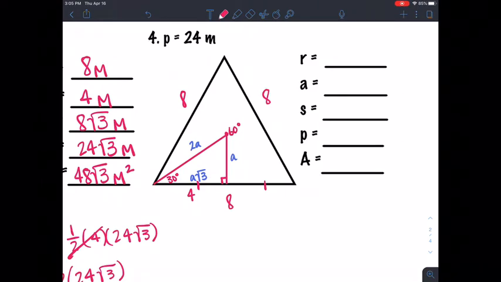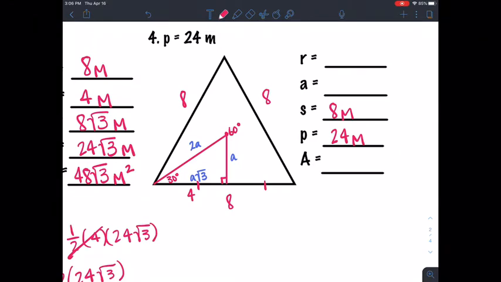So whenever we work this one here on the right hand side, I want to take this apart. My length at the bottom is 4, so my perimeter, it already gave us, is 24 meters. My side length is 8 meters. And now let's work to find our apothem and our radius.